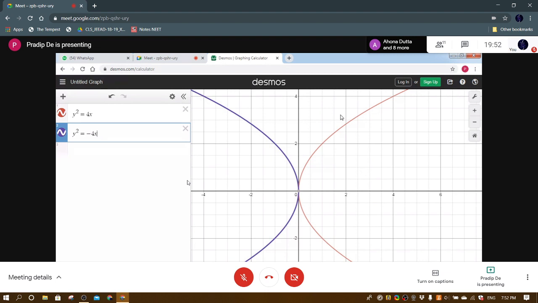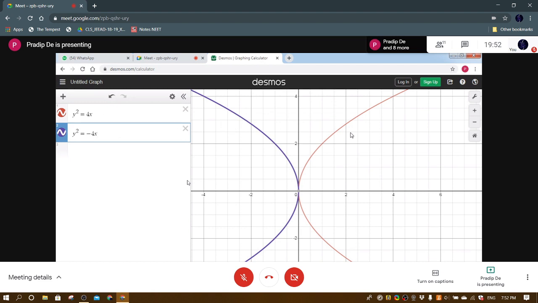So if there's a point x comma y on the first parabola, what is the corresponding point on the second parabola? Its image. If there's a point x comma y on the first parabola, what will be its image in the second parabola? I mean, when a point x comma y is reflected in the y-axis, minus x comma y. So isn't it obvious that by replacing x with minus x, we get the equation of this parabola?